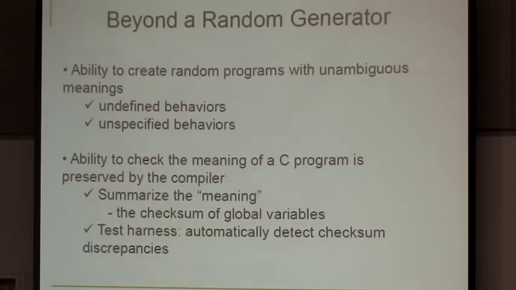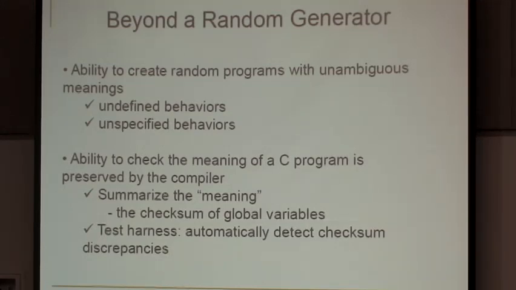Well, one way of checking is by first summarizing the meaning of the program. The meaning is just too vague, so we have to define it some way. Our definition is to compute the checksum of all the global variables at the end of the program execution and dump the checksum. Then we have a test harness that will automatically check if the checksums produced by different compilers are different.